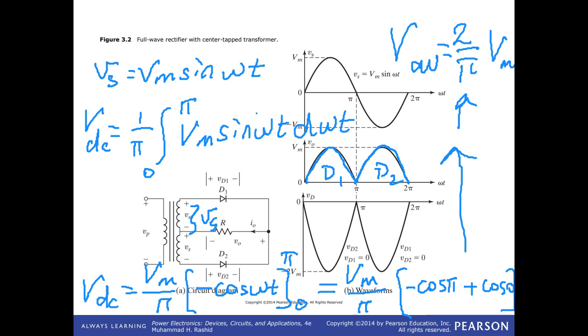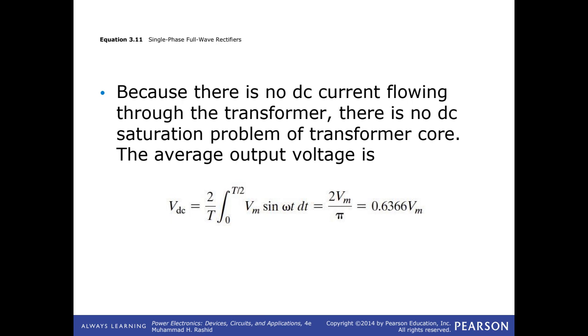Oh yes, it's already developed. Instead of mine, he puts 2 over T from 0 to T over 2, and it solves like this. It's the same result he obtains. You can see that 2 over pi Vm.